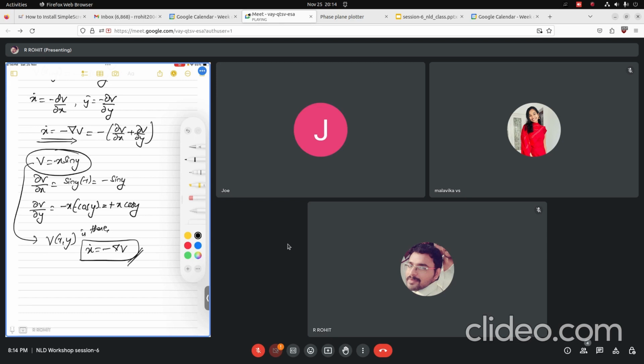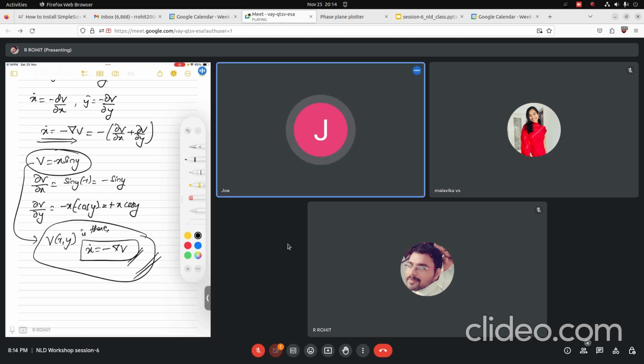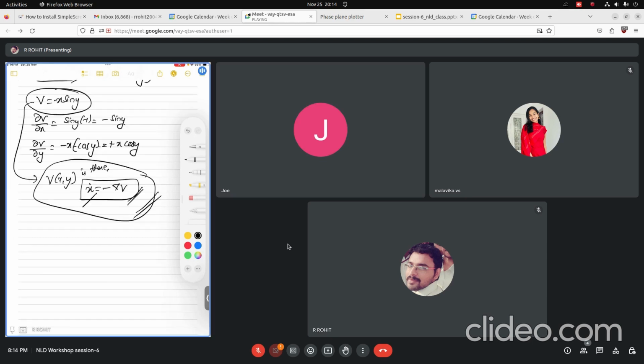So we proved that there is a v like that for this system, and that it's a gradient system because this condition is met. That means this system will never have a closed orbit.